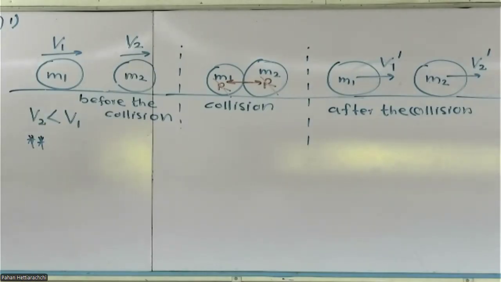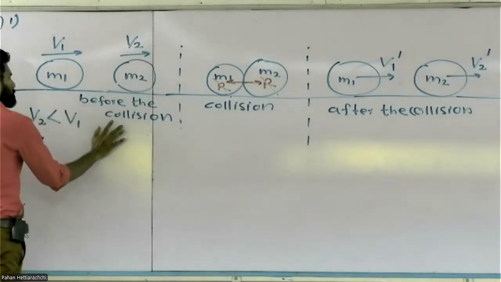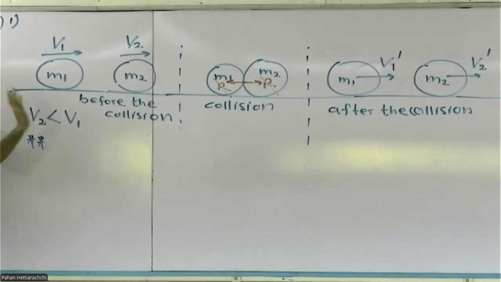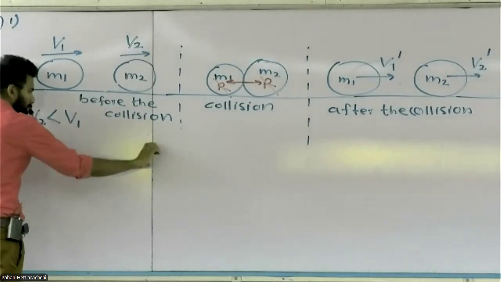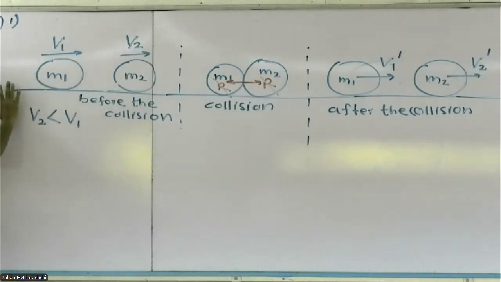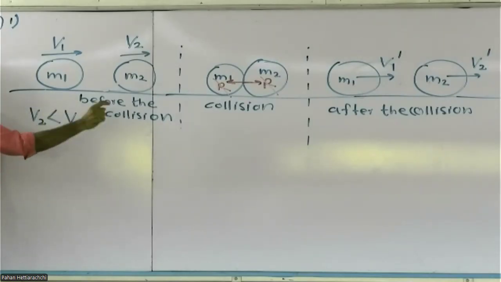Okay. Now I'm showing you the most important case. Look at the board again. From the previous case, I have given you a fact that the momentum is conserved when there's no F. To help that fact, now I am giving you some additional facts.